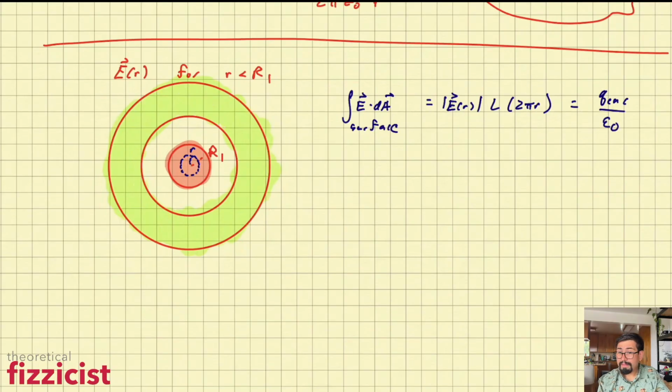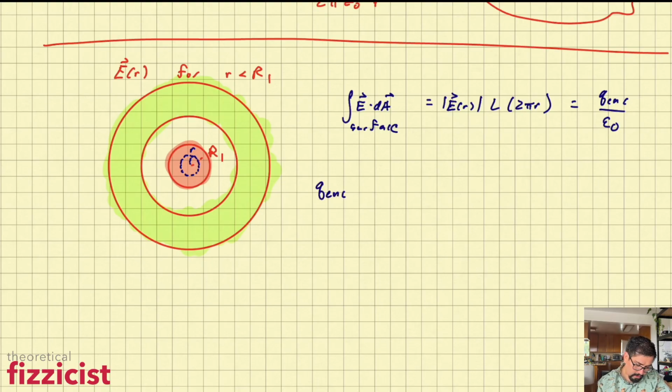Okay, so we got that once again, and that has to equal Q enclosed over epsilon naught. Now, Q enclosed here is a little bit different. It's not as nice as our previous calculations, because now we're not surrounding all of the charge of the insulating rod in the center. We're only surrounding a portion of the rod. And it's going to be similar to the proportionality arguments that we made in a previous video, when we were calculating electric field strengths due to linear charge distributions. The argument goes as follows.